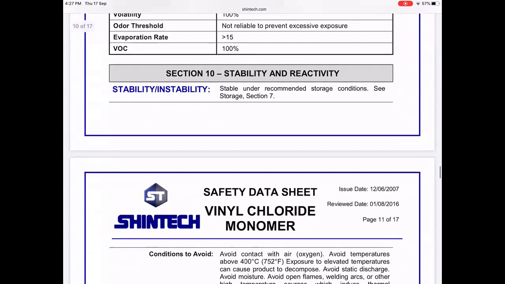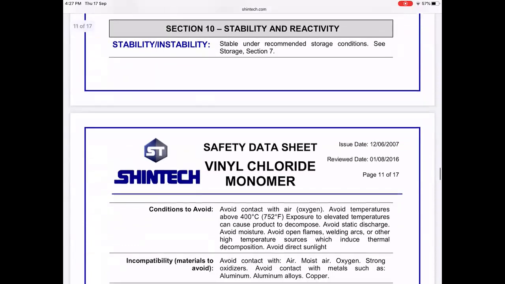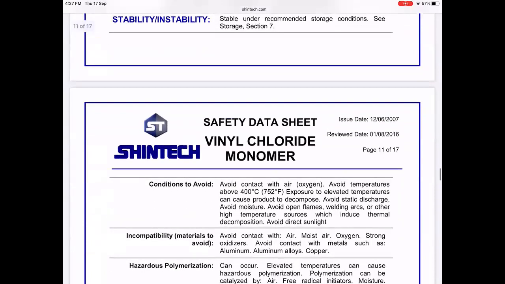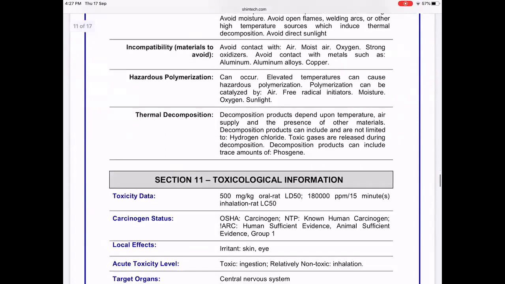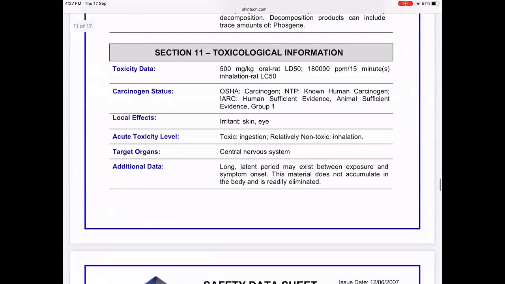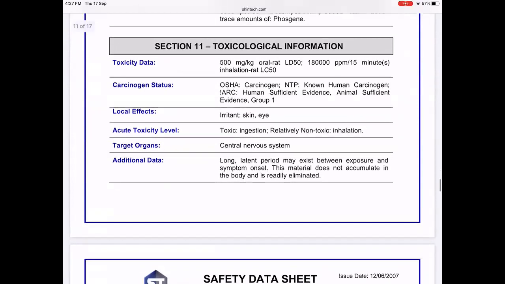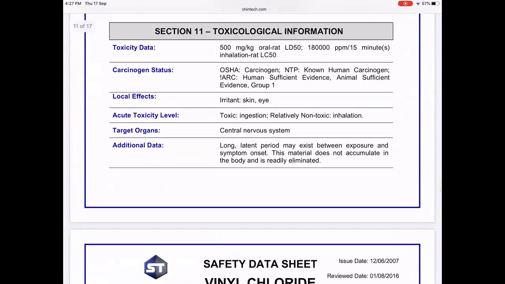Okay, stability and reactivity in section 10. So it talks about what happens when you get contact with air, oxygen, etc. Okay. And again, this is the toxicology information. This is basically talking about what are the toxicity data, what is the lethal dose.